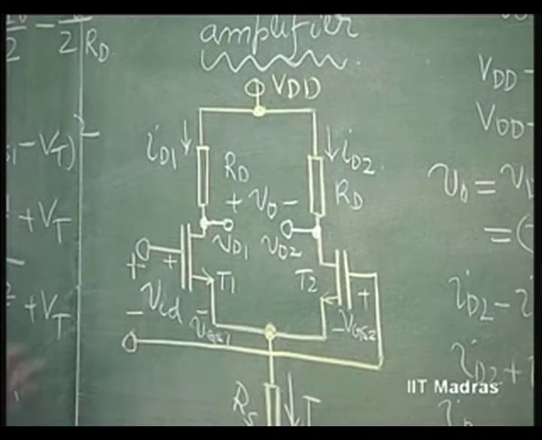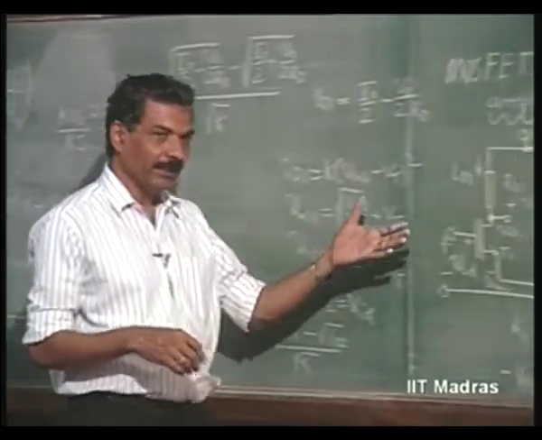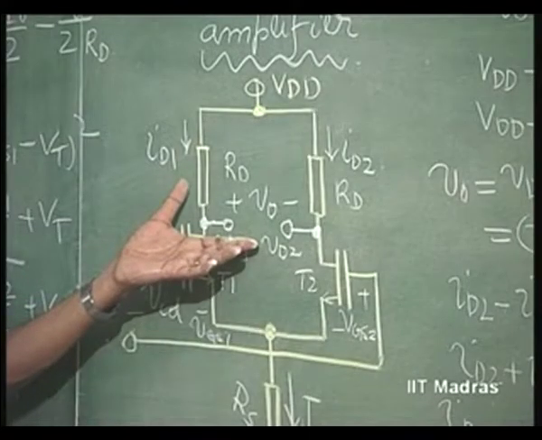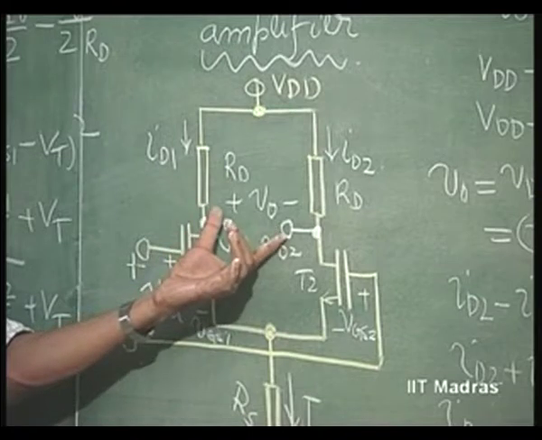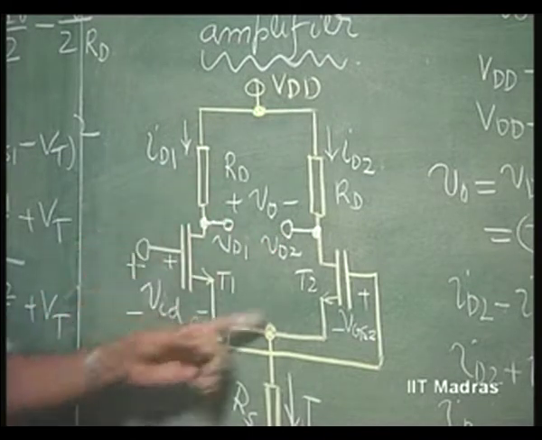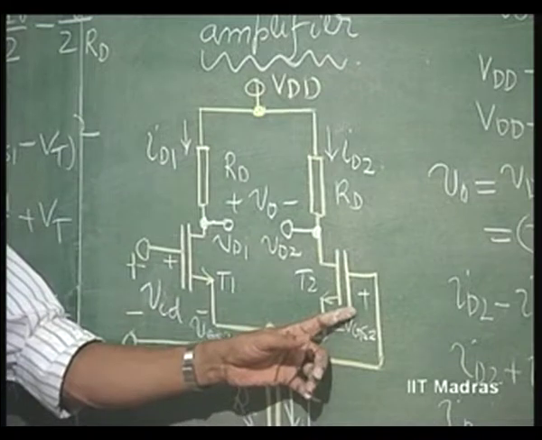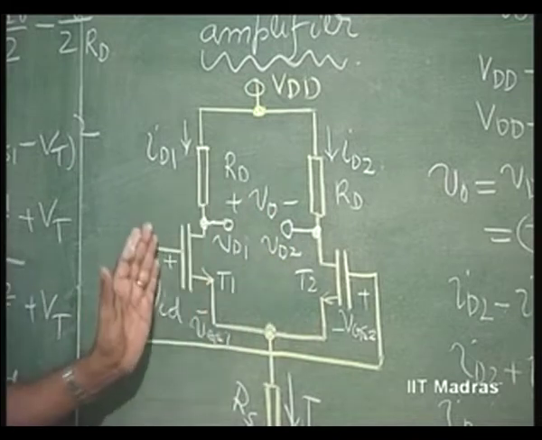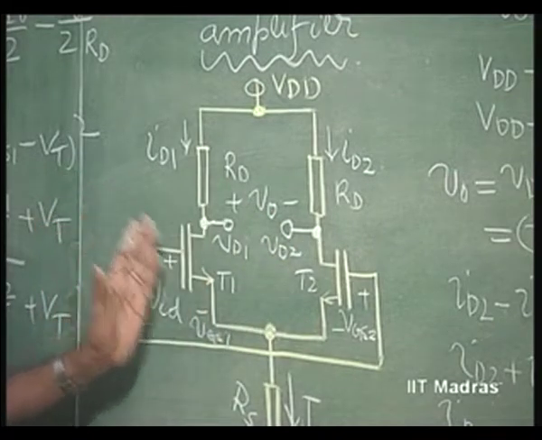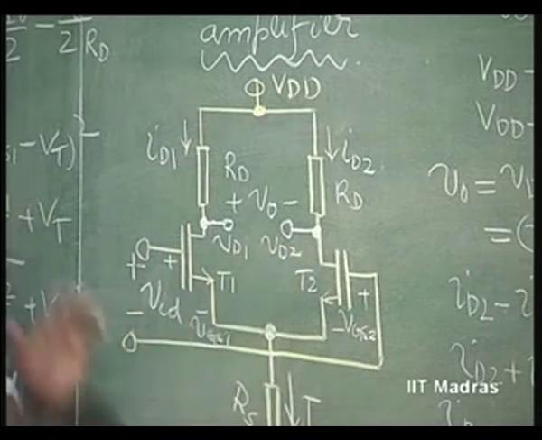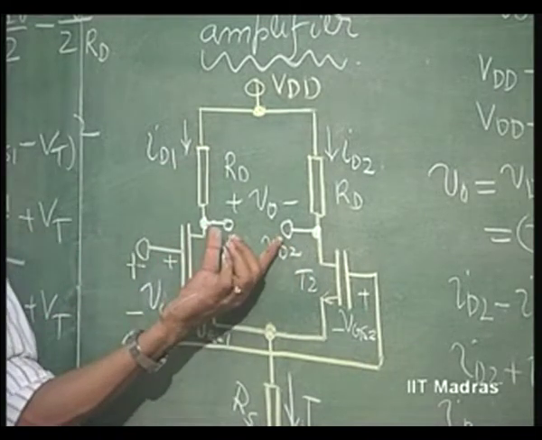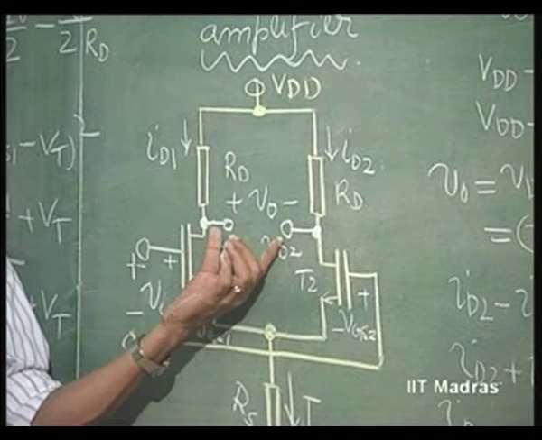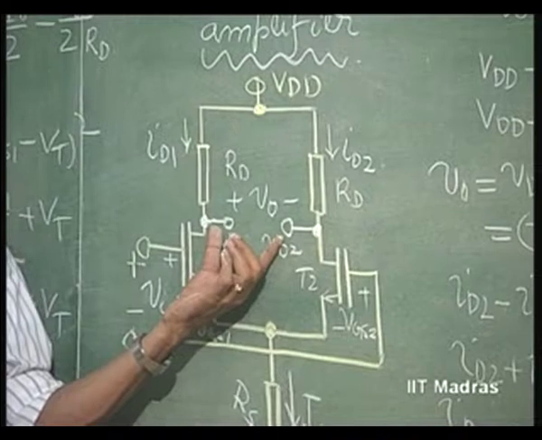So, basically except for the nonlinearity, the rest of the things remain the same. This output swing is once again obtained only when these transistors do not go to the triode region, when the full current is flowing through these. Just like the BJT not going to saturation when the full current is flowing through it, only under this assumption we have this full swing of 2 I naught RD peak to peak.